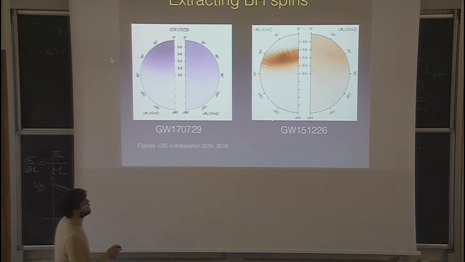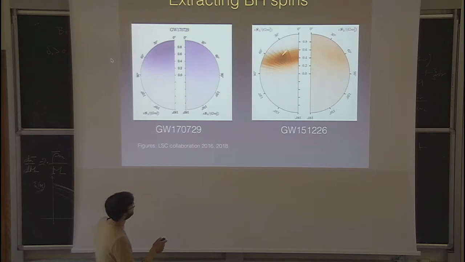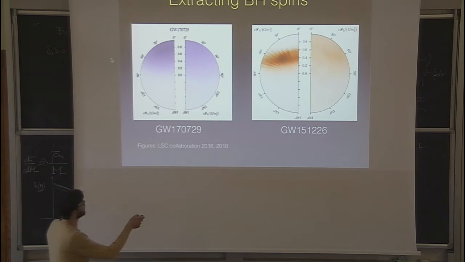These are the posterior distributions. Again, these are the same posterior distributions that we talked about this morning, which are produced again from a Markov chain Monte Carlo, comparing to the data. And this is the spin range. This is spin of object 1, spin of object 2, ranging from -1 to 1. And you also have the orientation of the spin.